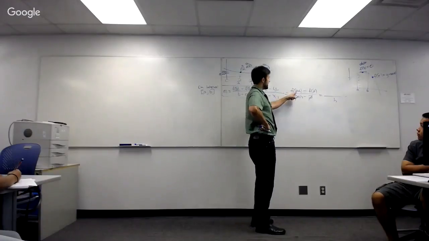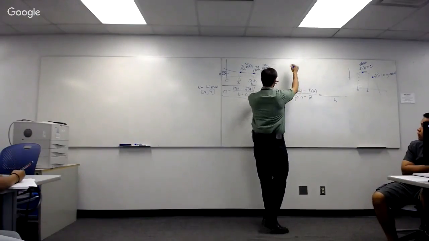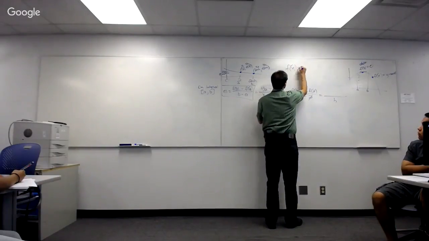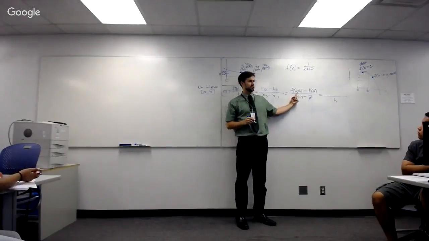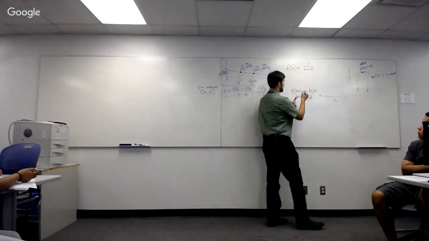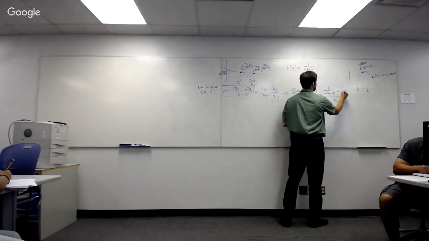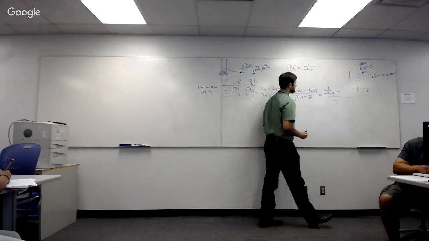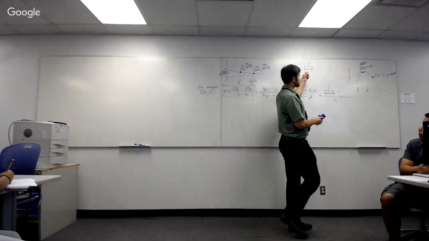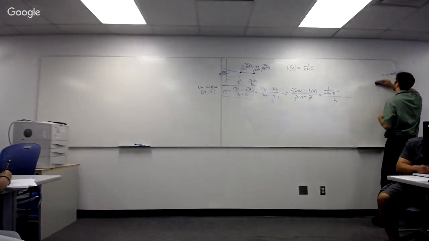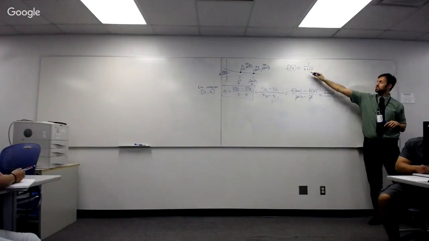So first of all, what is f of 2 plus h? That means let's plug 2 plus h into the original function, which is what? The original function is 1 over x plus 12. So what am I plugging in for x? 2 plus h. So the first part there is 1 over 2 plus h plus 12. Is that right? We're just plugging 2 plus h into the function that they gave us. And then the second part, minus f of 2, we're plugging 2 in for x.